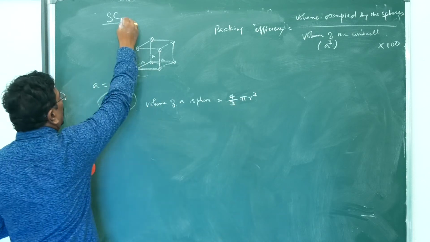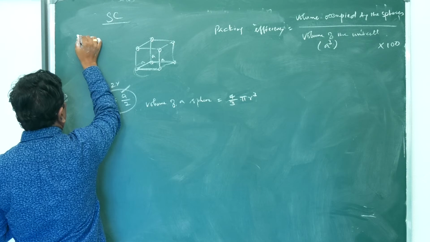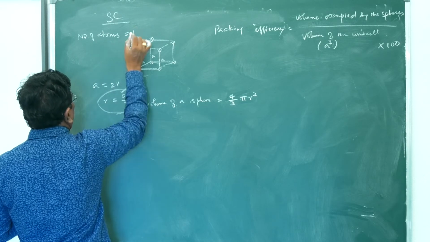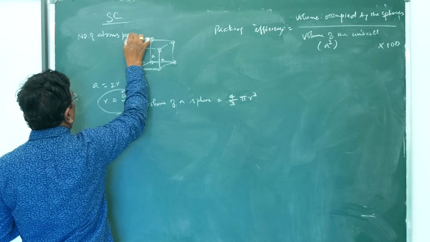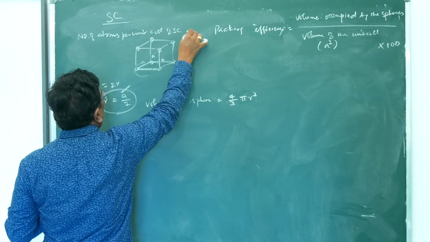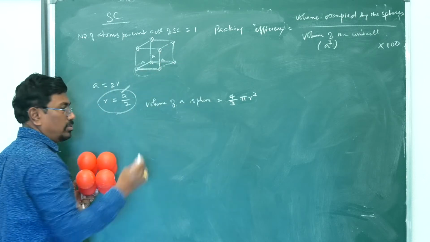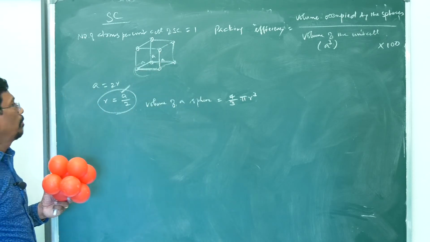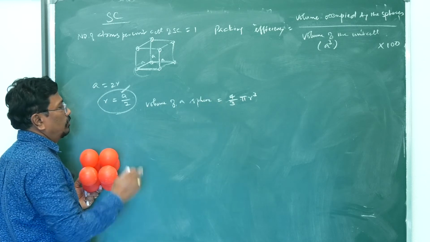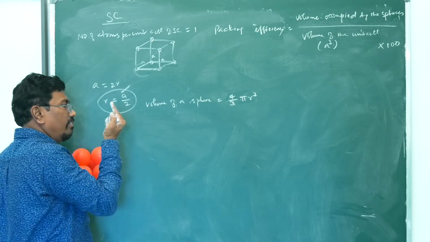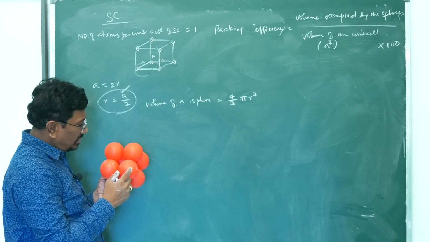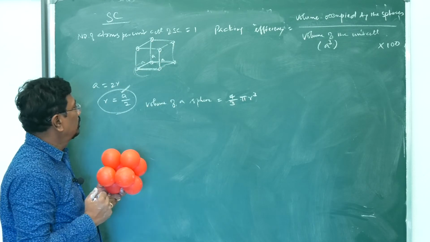In the simple cubic unit cell, only one atom is present. Number of atoms per unit cell of simple cubic is equal to 1, because 8 corner atoms, 8 into 1 by 8, only 1. So volume of the sphere is 4 by 3 pi r cube. We have only one sphere in the whole unit cell, because each atom contributes only 1/8.